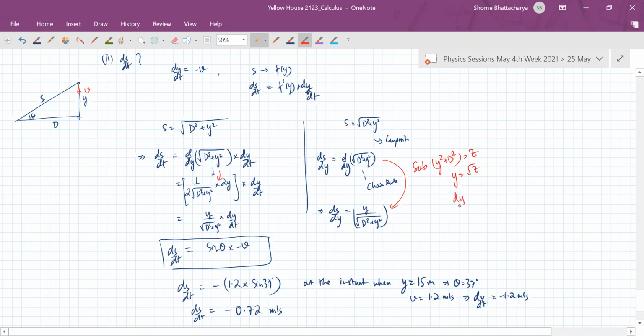So then your ds by dy, sorry, not y, s is equal to square root of z. So ds by dy will become ds by dz into dz by dy.